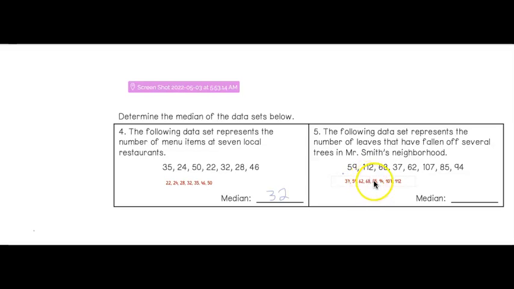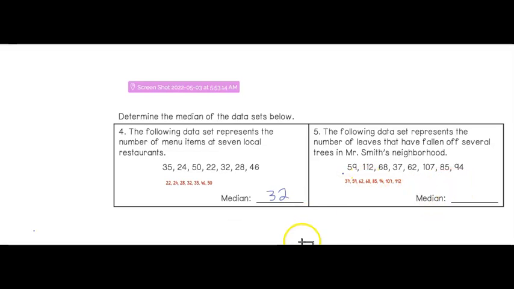So when there's an even number in the data set, you have to take an average of the middle 2 numbers. Over here with the odd amount, with 32, you had 3 numbers to the left and 3 numbers to the right. So we didn't have to find an average because there was an odd amount of numbers in the data set. So when you take an average of 68 and 85, that just means you're adding 68 plus 85 and then dividing it by 2.